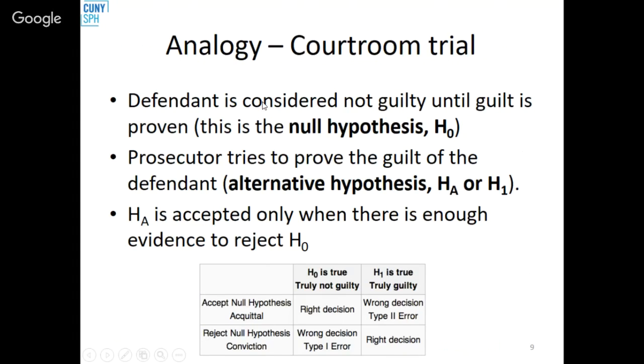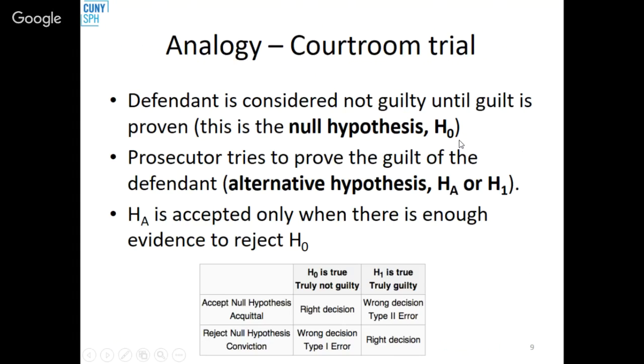All right, another classic analogy is the courtroom trial. And this is used to explain how we're going to make that decision on these two so-called hypotheses, the null hypothesis and the alternative hypothesis. So in the courtroom trial, there's a defendant, and they're considered not guilty until guilt is proven.